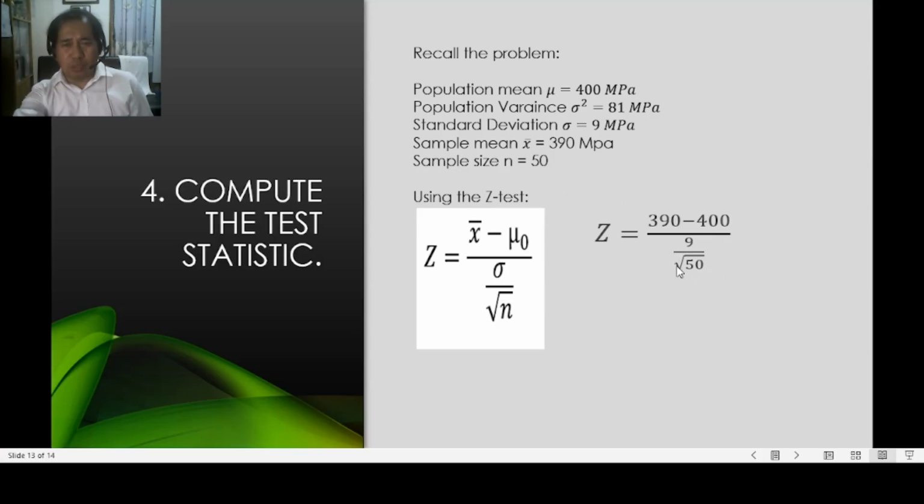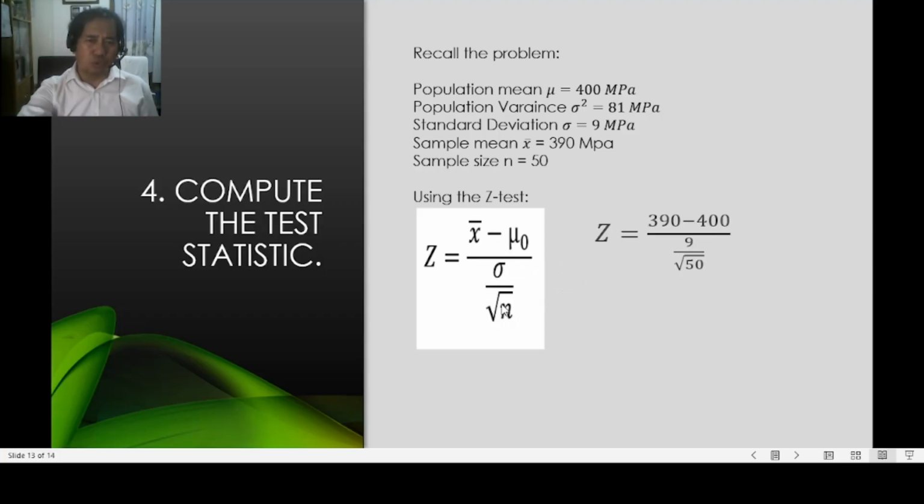Or actually in the concept of the rational, we get the reciprocal of this and then proceed to multiplication. That's why the equation that you have seen before is x bar minus population mean over standard deviation multiplied by square root of n. It is because we took the reciprocal of this one.